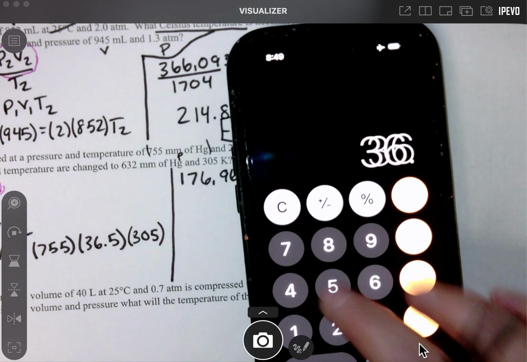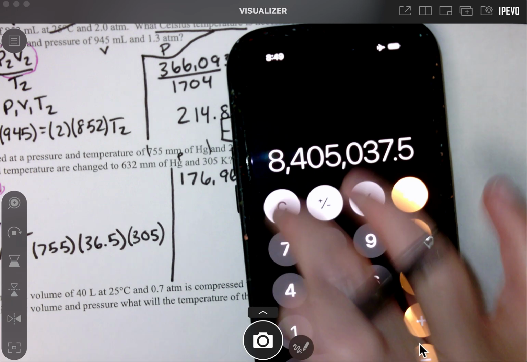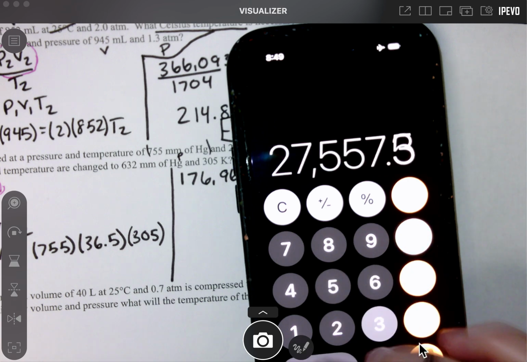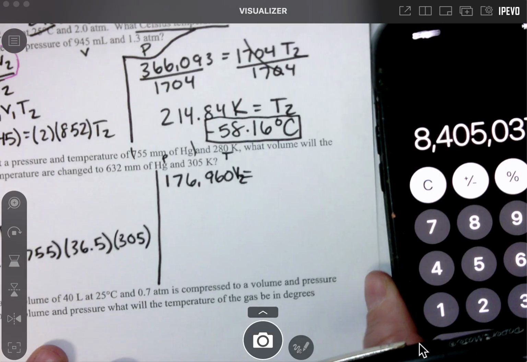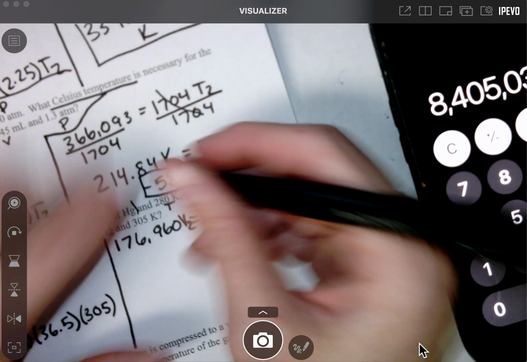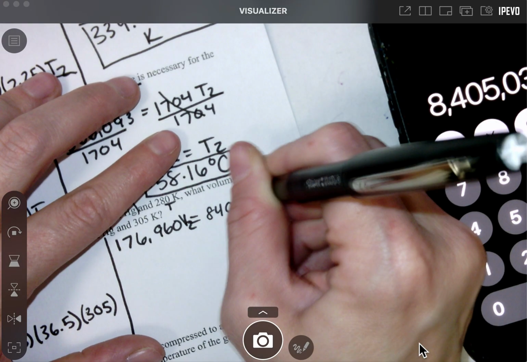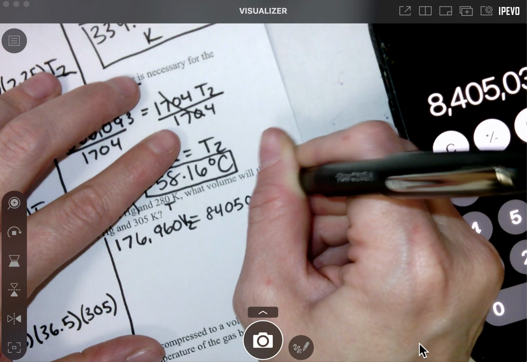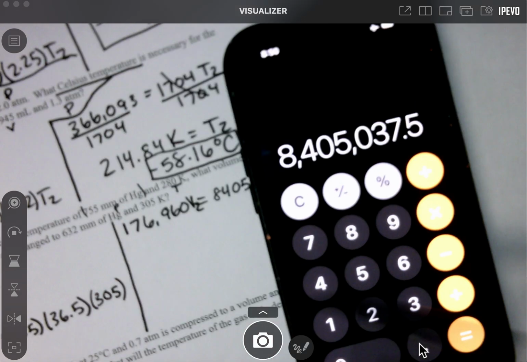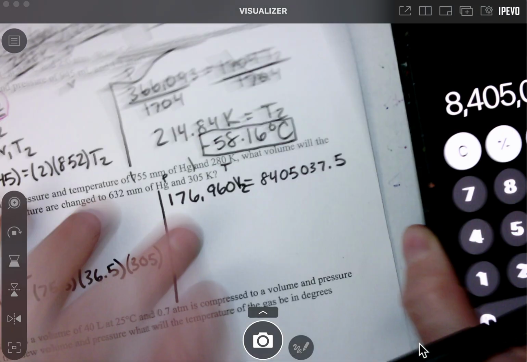Anytime you get like a really weird number in your calculator, it's always a good idea to just double check it. So 8405037.5. When I'm rewriting these big numbers, I don't ever put in the commas just because I don't want to mix up the comma and the decimal point.